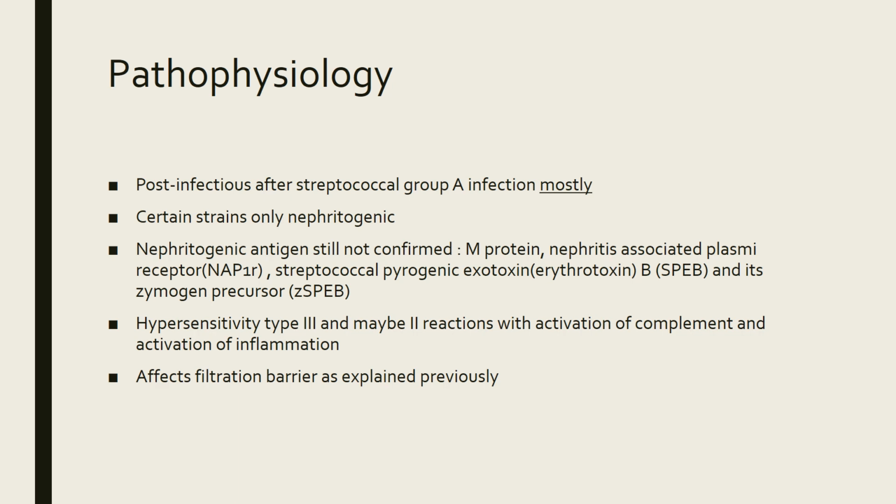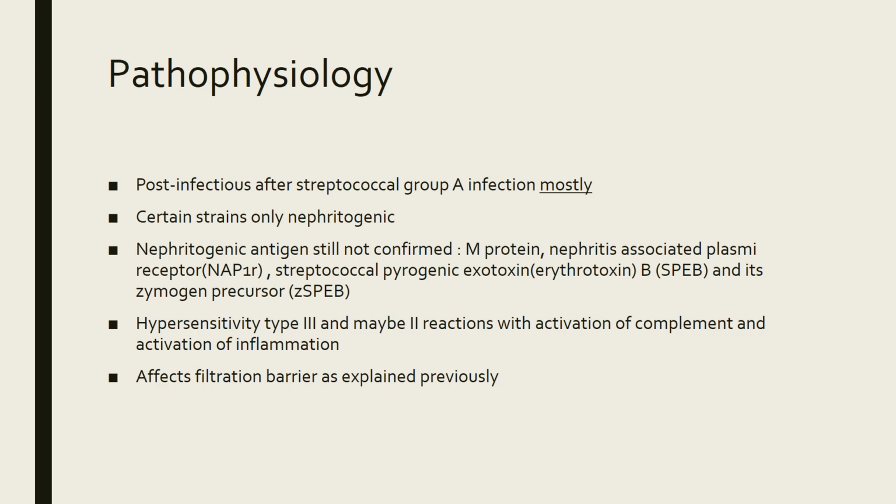So just a bit of a recap in terms of pathophysiology. We've already talked about it, but it is thought that it's either a type 2 or a type 3 hypersensitivity reaction. So we have either antigen antibody complexes that are preformed that get trapped in the glomerulus, or more likely, bacterial antigen that gets trapped in the basement membrane because the postulated antigen is a cation.